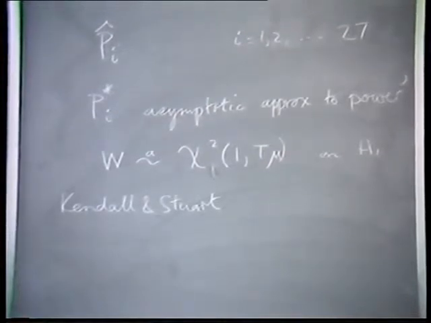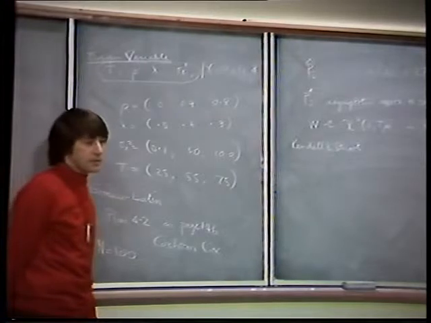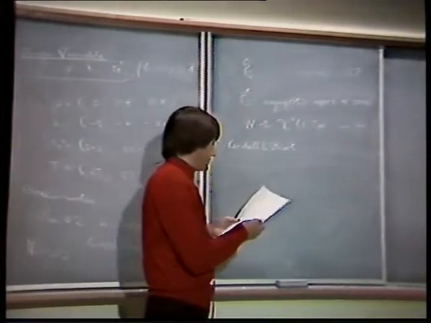And the property is that the first two moments of the approximating central chi-squared are exactly the same as the first two moments of the non-central chi-squared. If we use that as an approximation, we can then evaluate these powers using the central chi-squared distribution.